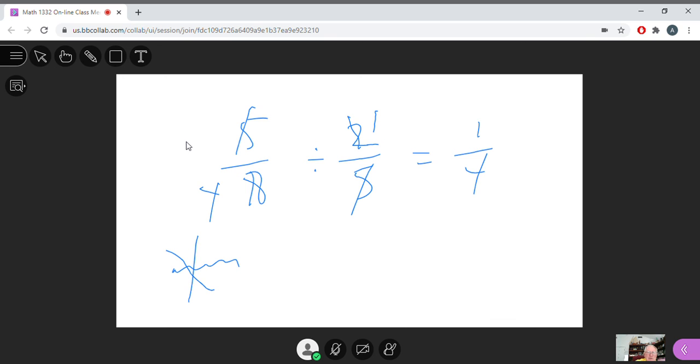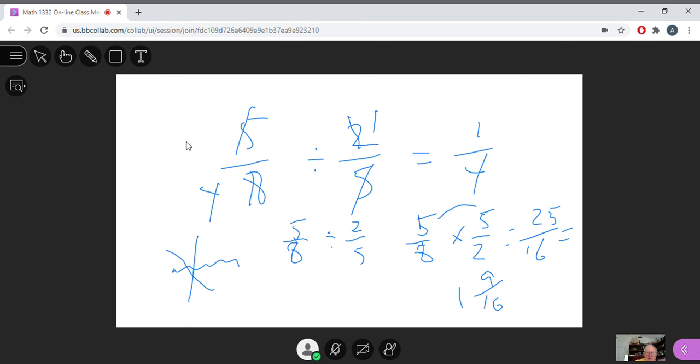That would be wrong. Remember we had 5/8 divided by 2/5? You have to flip it. This is now 5/8 times 5/2, which is now going to give you 25 over 16, which is an improper fraction, which is 1 and 9 over 16.